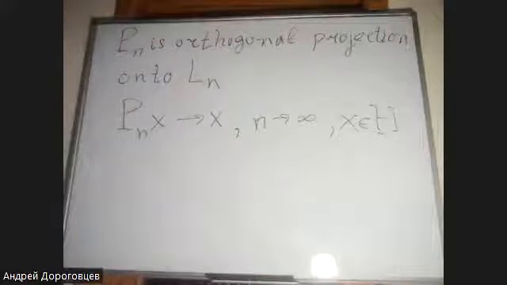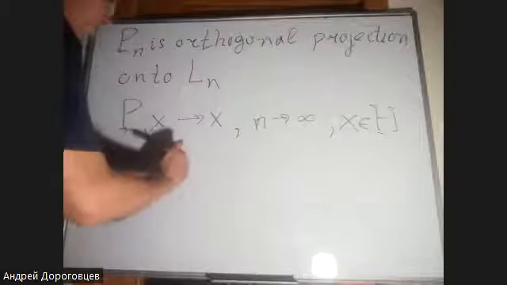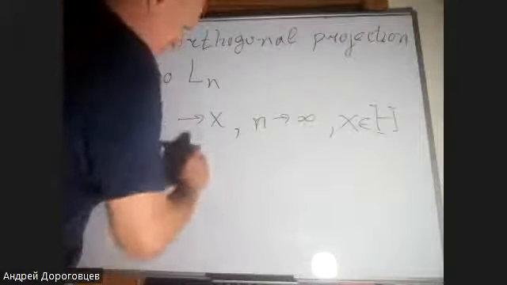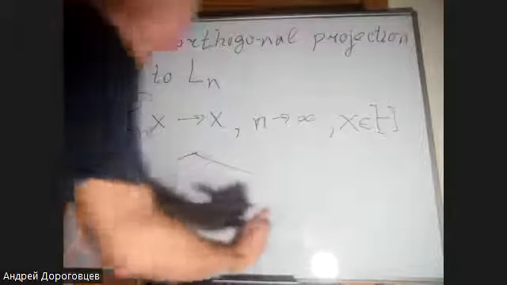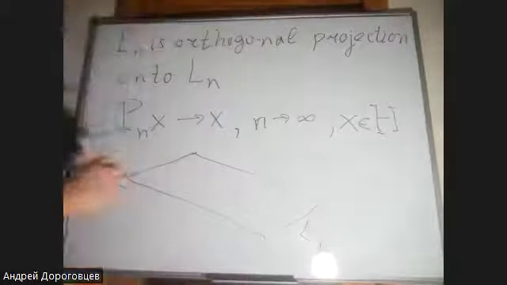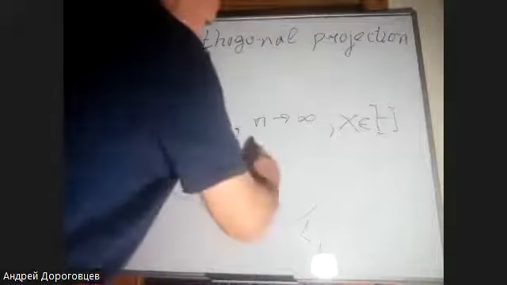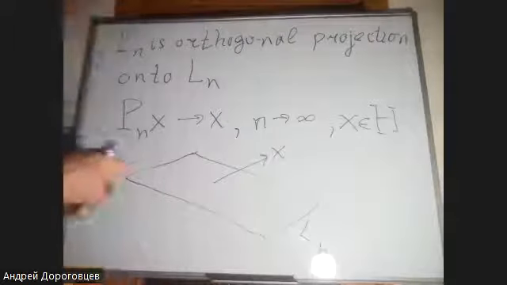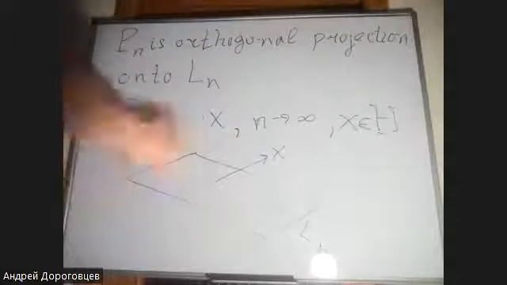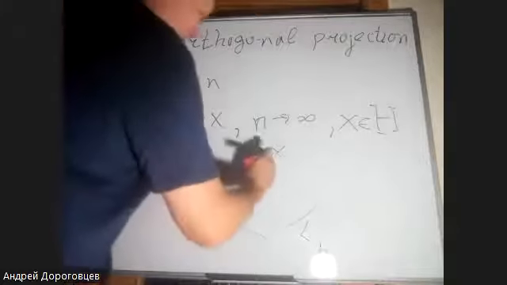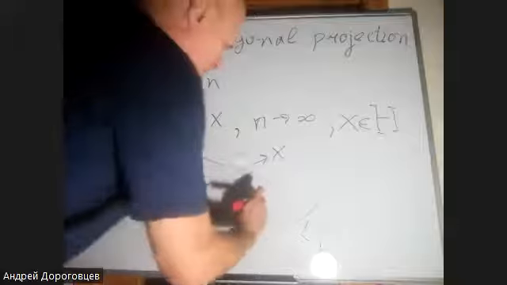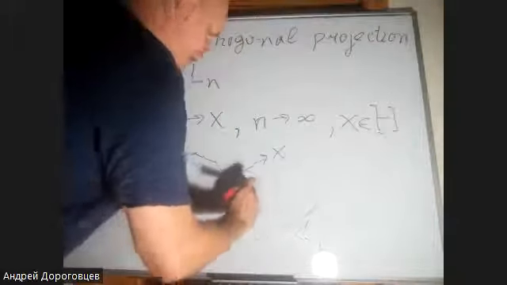Let us check this. It's very simple to understand. Suppose this is our L_n. Here is our vector x, and here is its orthogonal complement to this space.